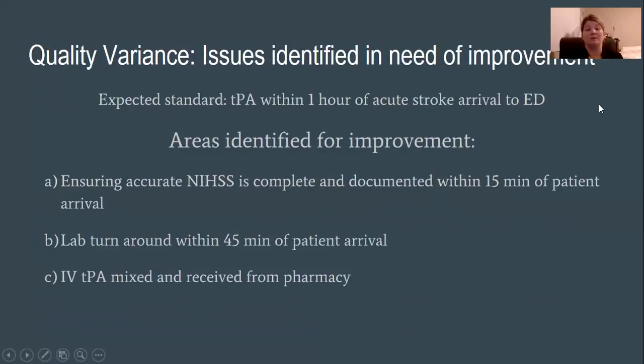So quality variance. The issues that I identified that are in need of improvement in order to accomplish the goal of administering TPA within 1 hour of patient arrival, I've identified 3.